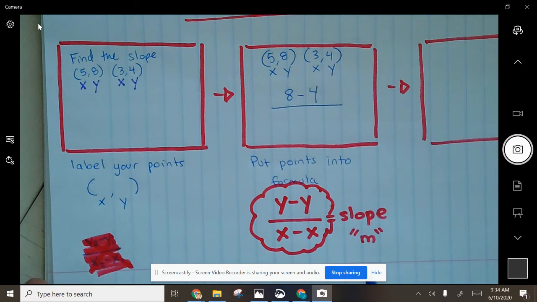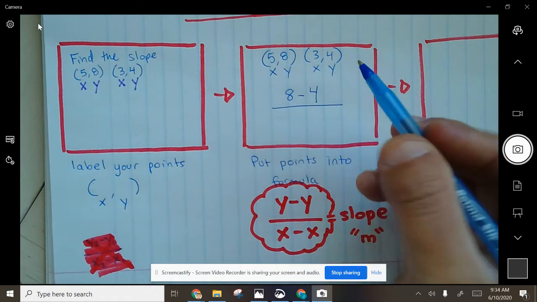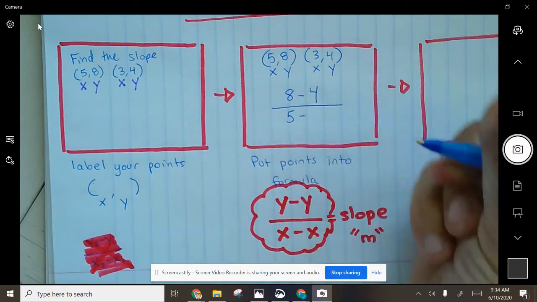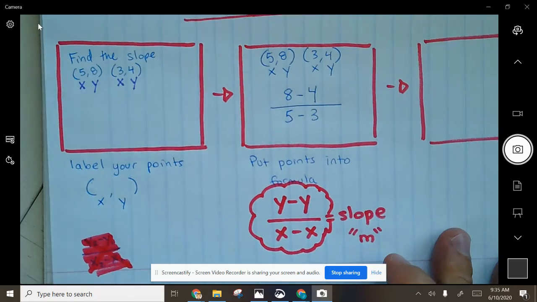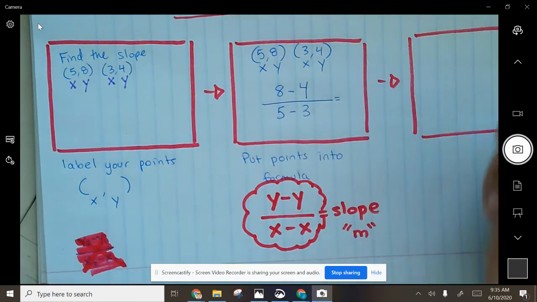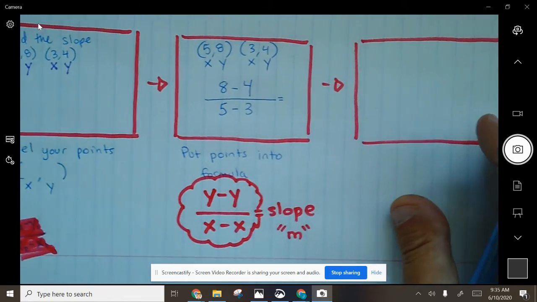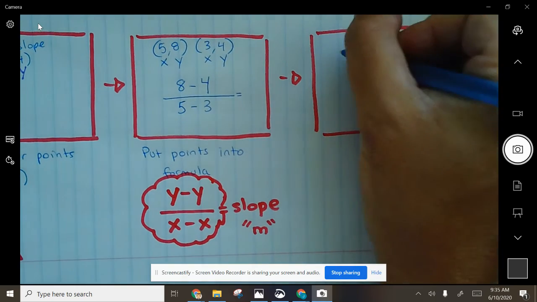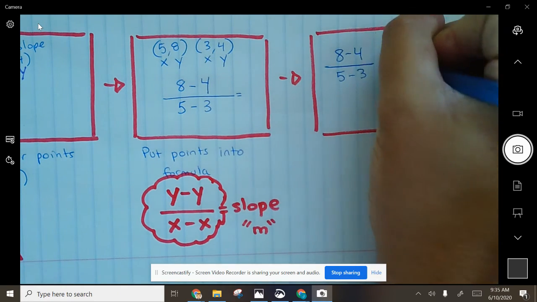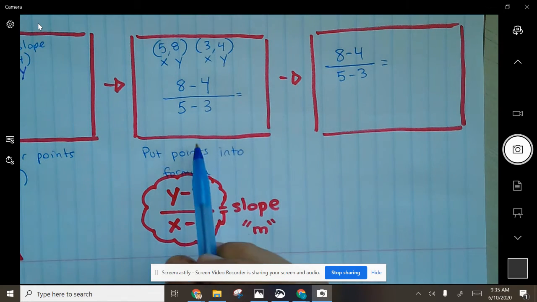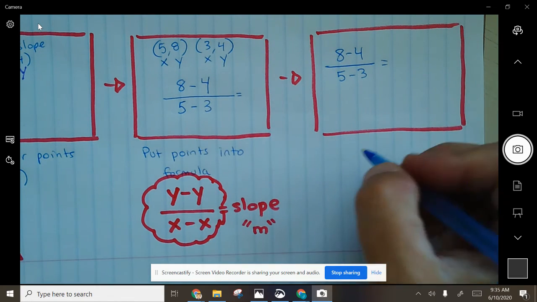Okay? And what about here? X, what's the first X? You go from left to right, always from left to right. 5 minus 3. Okay? So 8 minus 4 over 5 minus 3. I put the points in the formula, and now I'm going to solve.